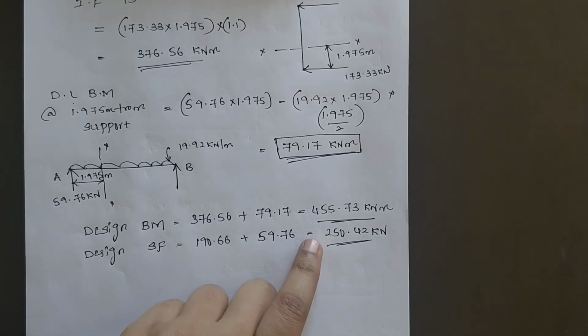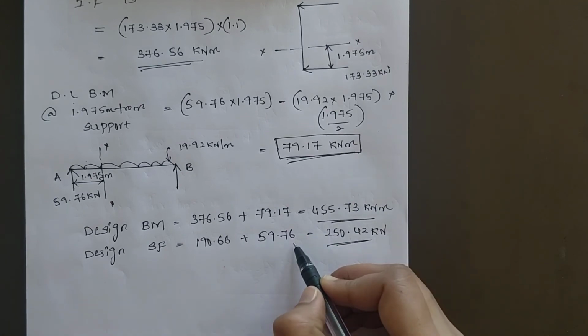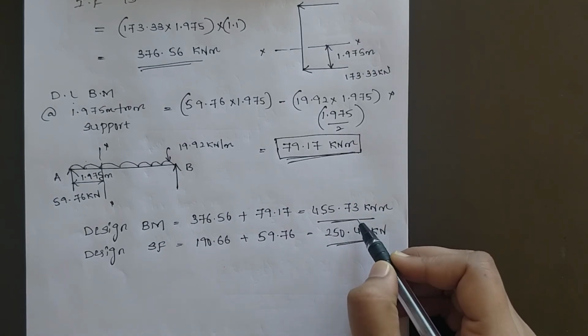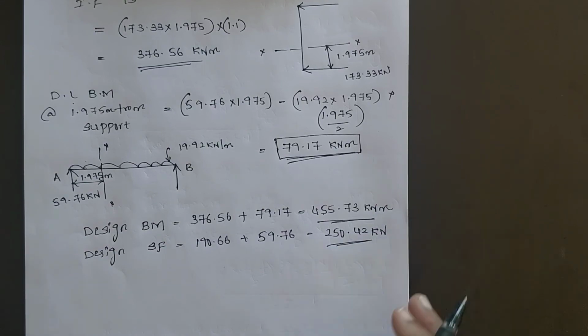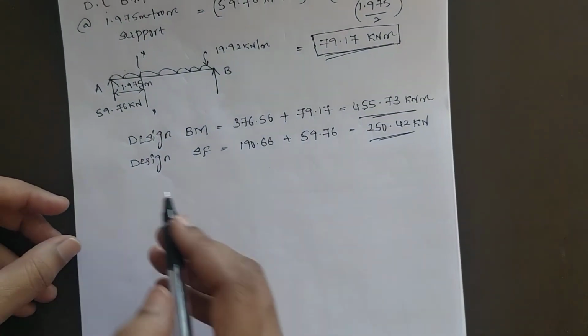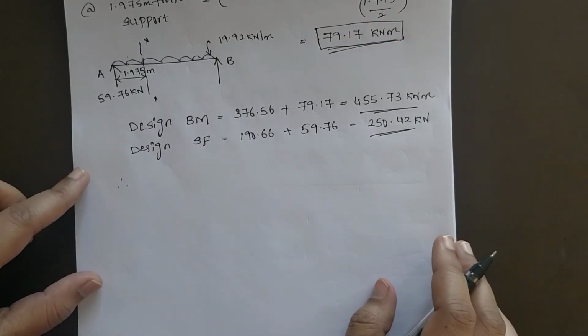Next, observe here the design bending moment as well as the shear force value. These values are very much lesser in magnitude compared to the main girder, so you can directly assume the diameter of the bar.